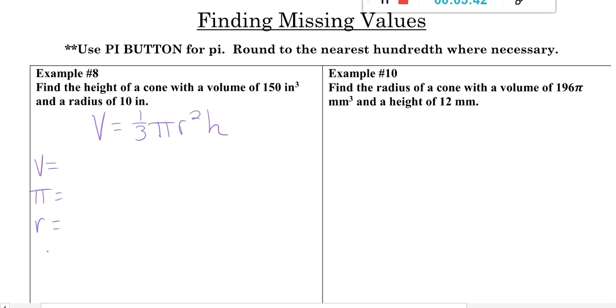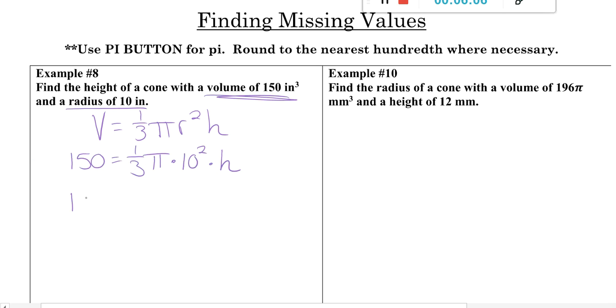I'm actually going to just write it below with the problem. Okay, so my volume is 150. The 1/3 will stay the same, pi will always stay the same, and I'm told that the radius is 10, so that would be 10 squared, and then I am looking for the height.